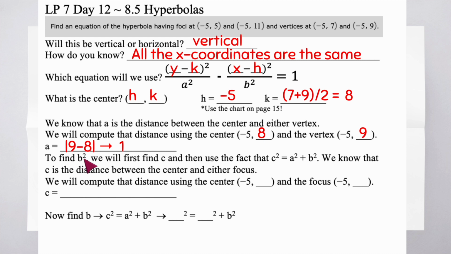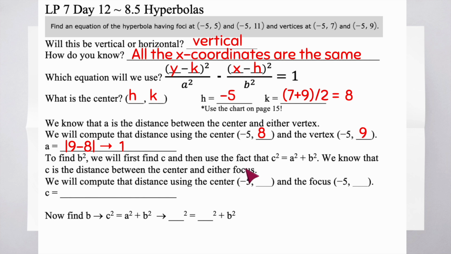To find b squared, we first find c and then use the fact that c squared equals a squared plus b squared. So, Pythagorean theorem here. We know that c is the distance between the center and either focus.